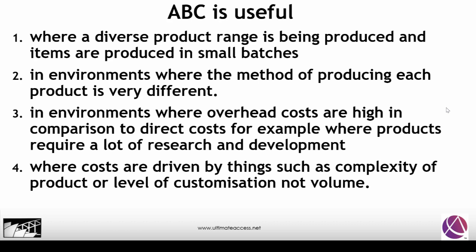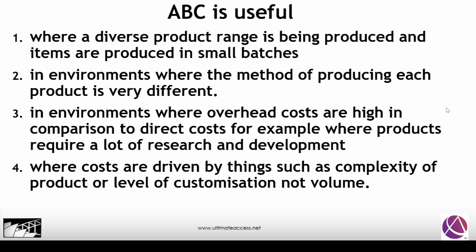Second one, ABC is useful in environments where the method of producing each product is very different. So you're looking at different ways of producing the various products that you have within the portfolio that you produce.